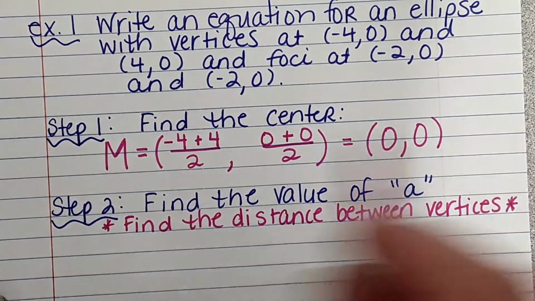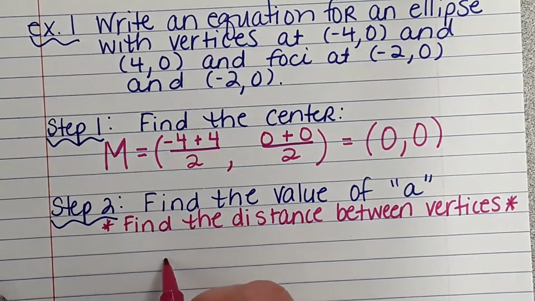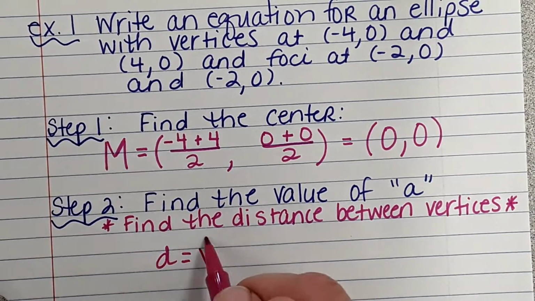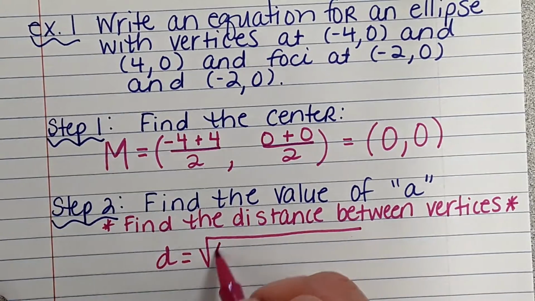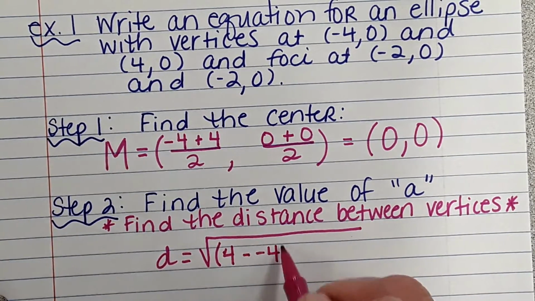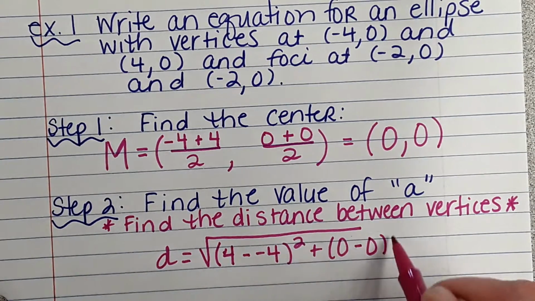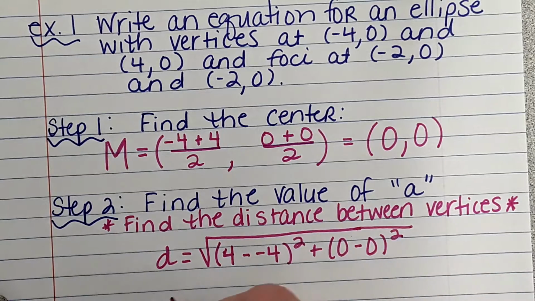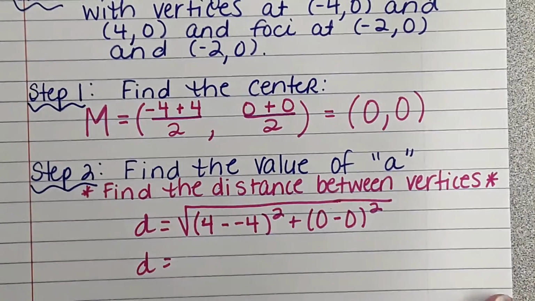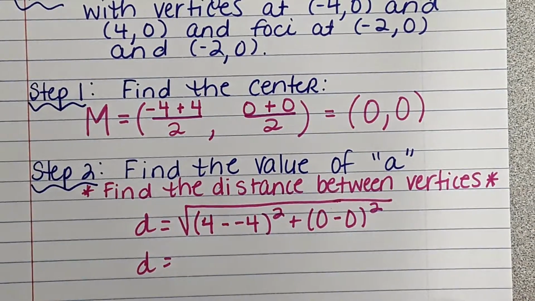The distance D equals the square root of (x2 minus x1) squared plus (y2 minus y1) squared. So, center, use midpoint. If you're ever dealing with length, you're going to find the distance.